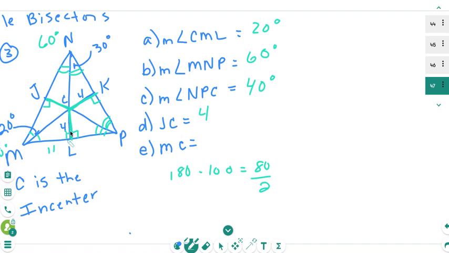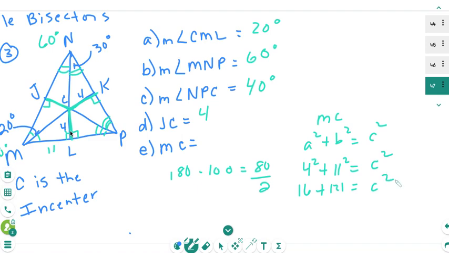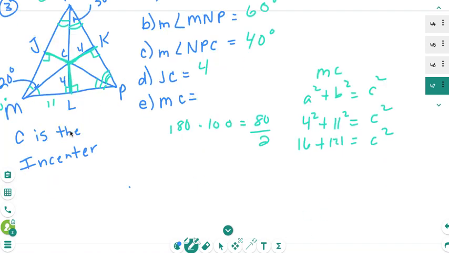So MC: A squared plus B squared equals C squared. 4 squared plus 11 squared equals C squared. 16 plus 121 is equal to C squared. C squared is equal to 137. Square root both sides, and C is going to equal 11.7.